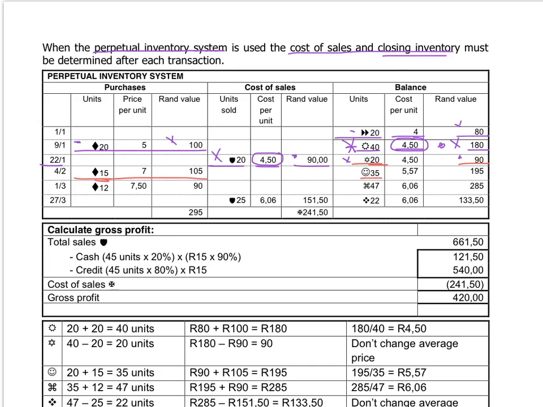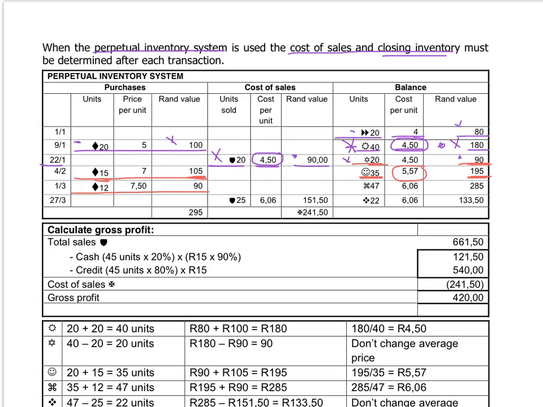The cost of the 20 units was 90 Rand plus the 105 Rand that I paid now will give me 195 Rand. To work out the average price, I take the 195, divide by 35, and that gives me 5 Rand 57.